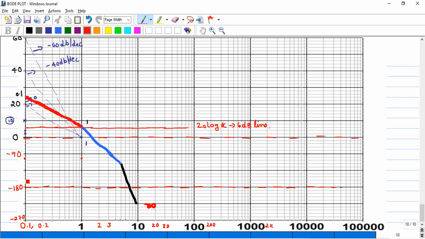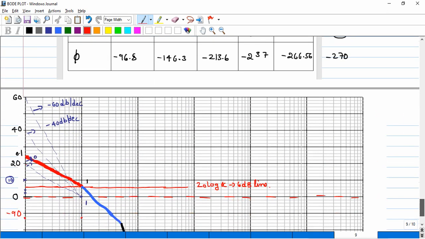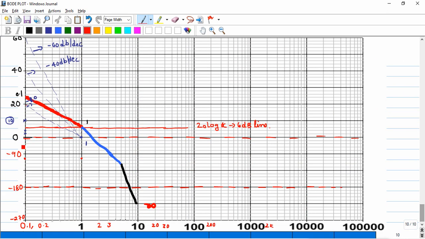Now when I check with the phase angle plot, when I substitute omega as 0.1, I am getting minus 96, so somewhere here, this particular point as the first point. Let me measure.